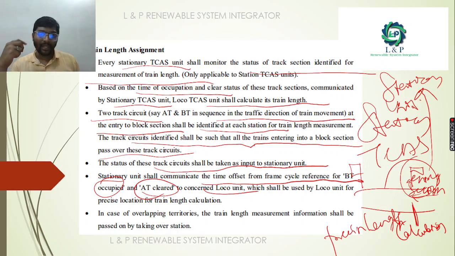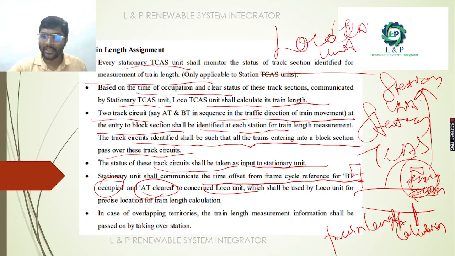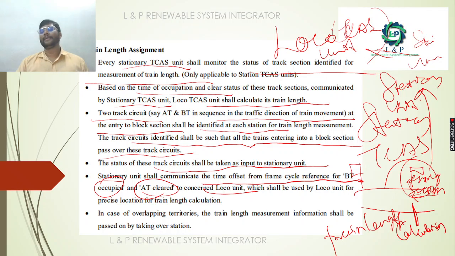The station unit will communicate to the train collision avoidance system unit of the loco that the BT track is occupied and the AT track has been cleared. This is used by the loco unit for the precise location in the train length calculation.